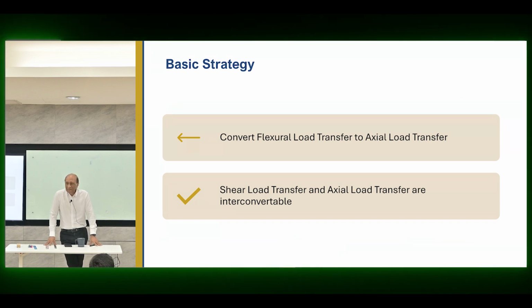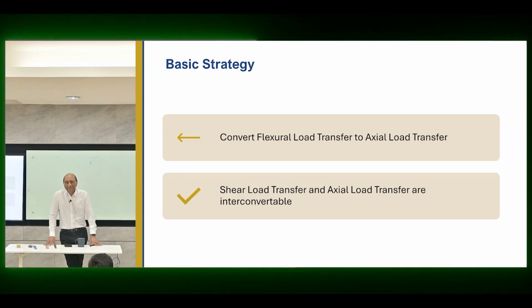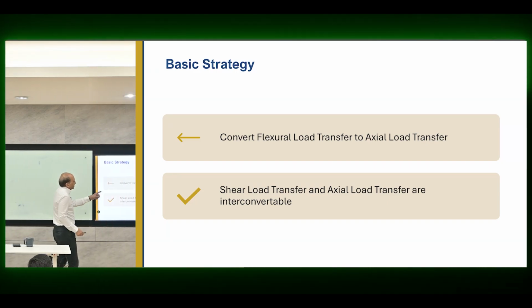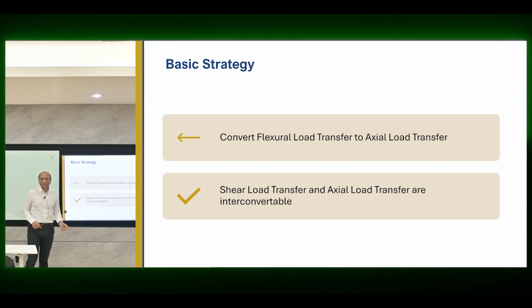So bending is a killer for tall buildings. Wherever there's bending, we have to come back and find a way to convert that into axial or shear. But shear also has a limit, we will see later. Shear load transfer and axial load transfer are interconvertible.